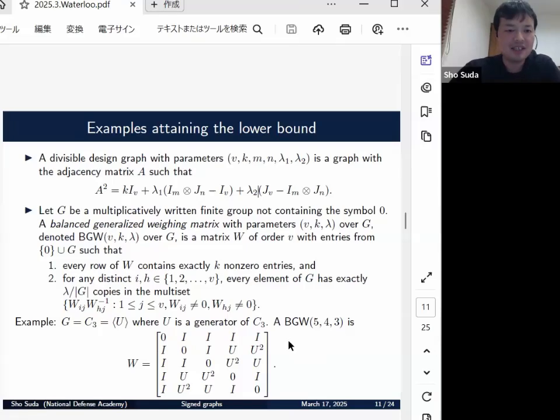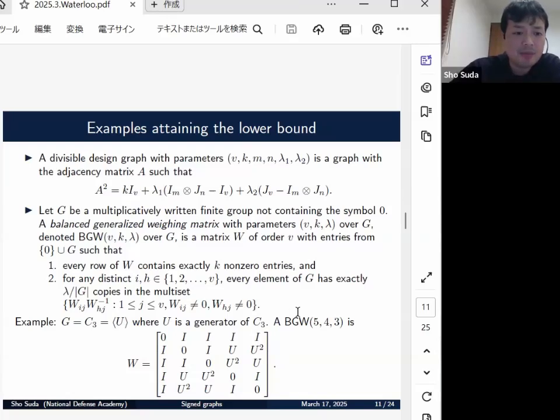And 3 means that if we consider the first row and the second row, and the set of W_1j times W_2j inverse, where j runs from 1 to 5, this set consists of I, u, and u squared, where I is the identity element of our group.